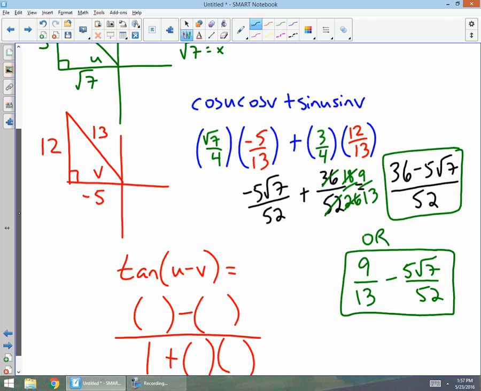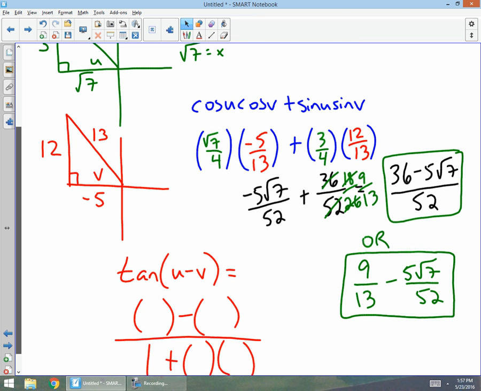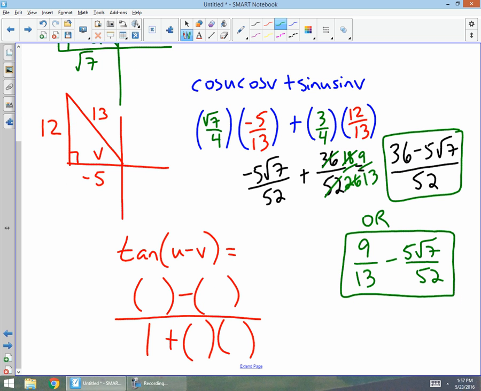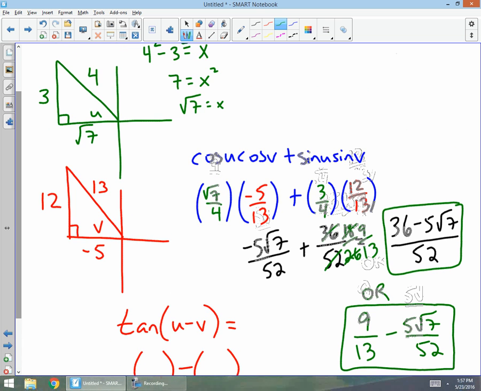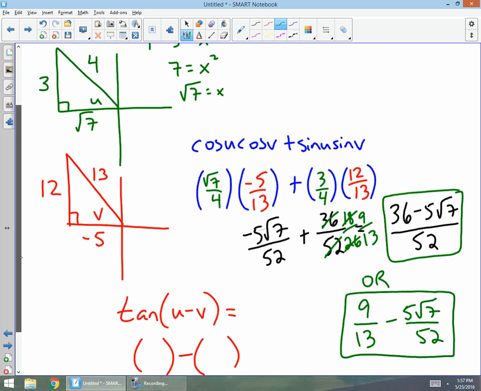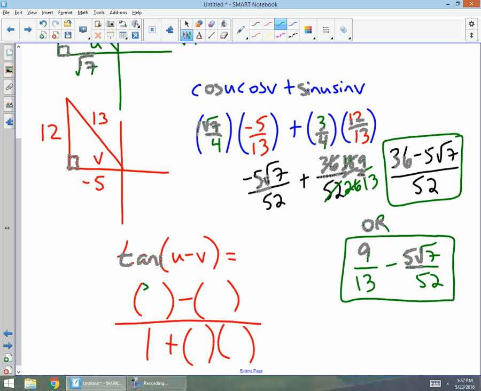Well, the good news is, let's switch back to green and red again. Let's look up at the green triangle. I'll give you a second to get organized here. There's the formula from page 400. Let's scroll up to the top here. Okay, green triangle, tangent of u, opposite over adjacent. So it's going to be 3 square root of 7 over 7.